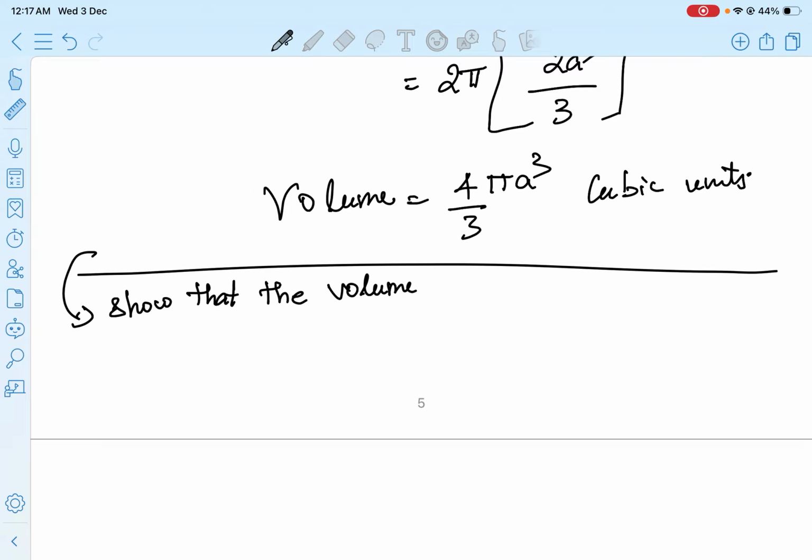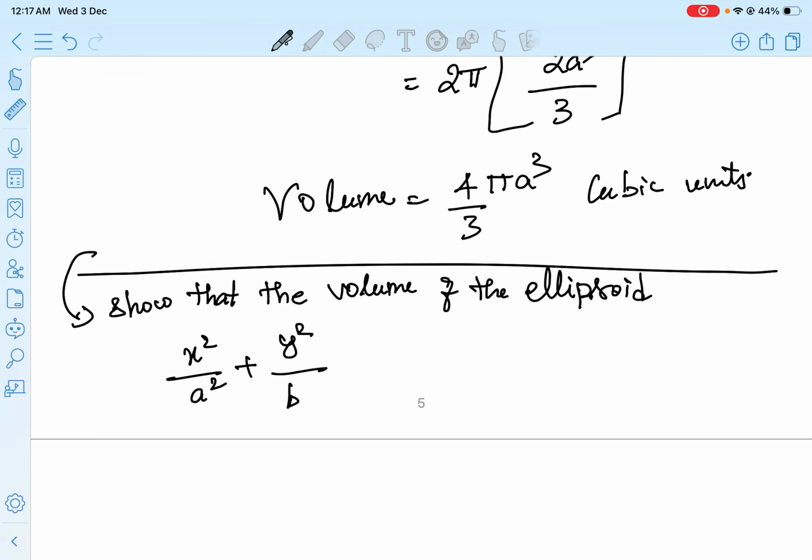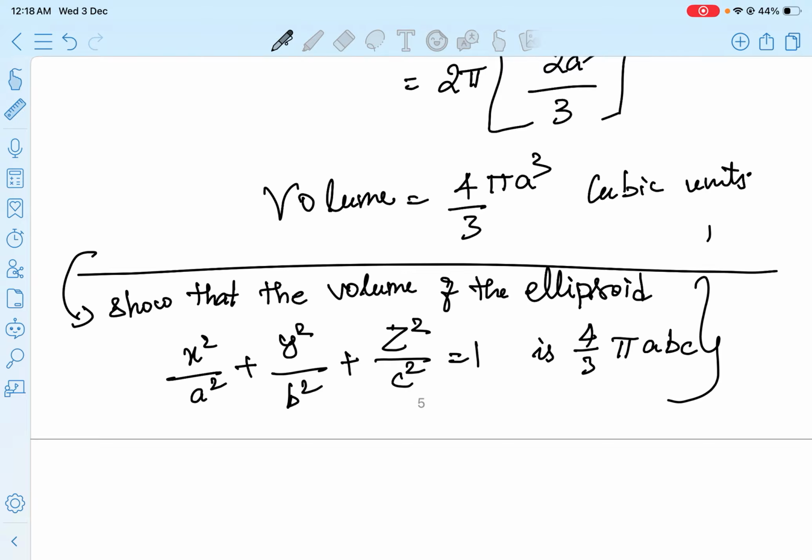Show that the volume of the ellipsoid, if they ask like this also you have to write the same problem, plus z square by c square equal to 1 is 4 by 3 pi abc. Here we had a cube, here we will get abc. With reference to the same previous problem you have to solve this. Both the problems are similar.